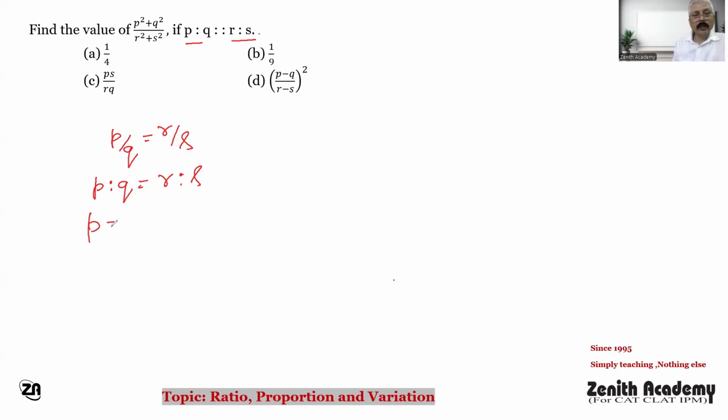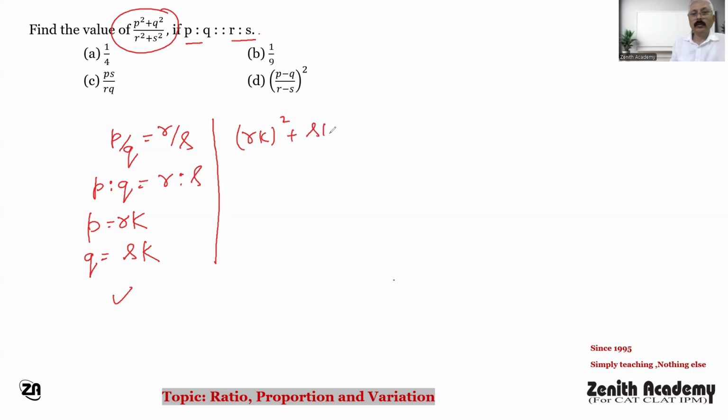So if I take p is equal to rk and q is equal to sk. Okay. Now put this value here. P square is rk square and q is sk square over r square plus s square.